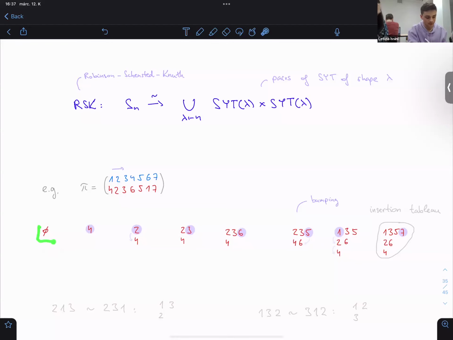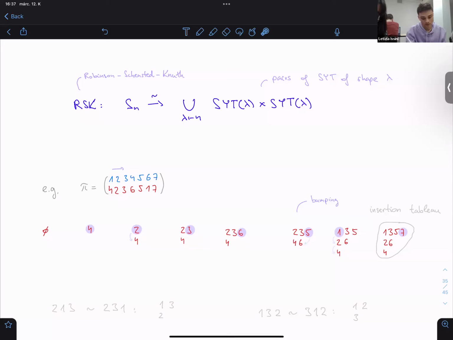So we'll start from the empty tableau. We'll insert a first number 4, and then we'll insert 2, but 2 is smaller than 4, so it bumps 4 down into the second row. 3 is larger than 2, so it slots in behind 2 in the first row. 6 is larger than 3, so it slots in behind 3 in the first row. 5 is smaller than 6, so 5 bumps 6 down into the second row, and 6 is larger than 4, so it slots in behind 4.